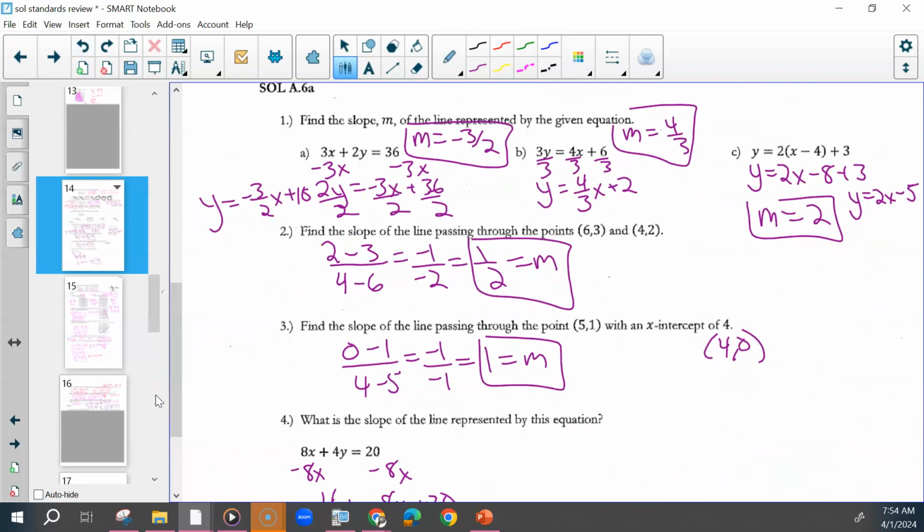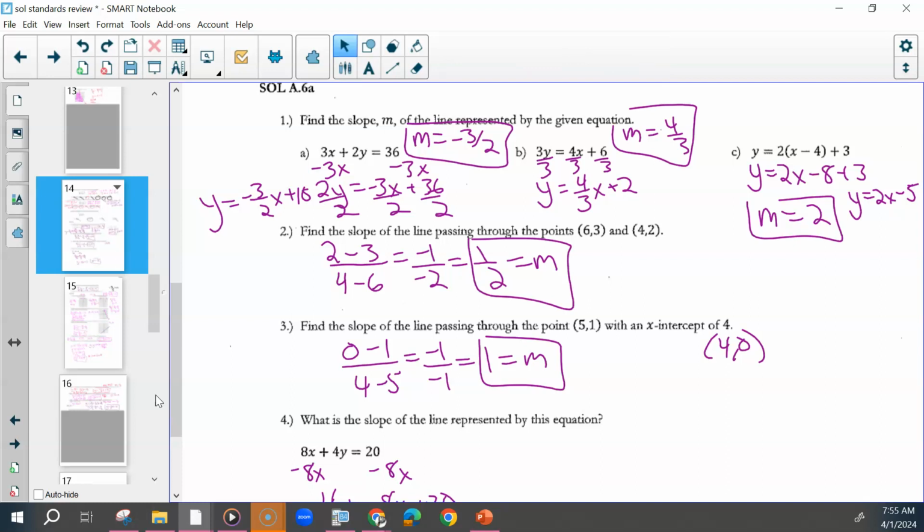All of these were finding slopes, so that means you could have used Desmos for every single one of these, put these in, and just looked at and counted the slope. But if you did the work, it is up here. So you can write down the work, but you could have used Desmos, and you could just write down the answers and go back and find this at a later time.